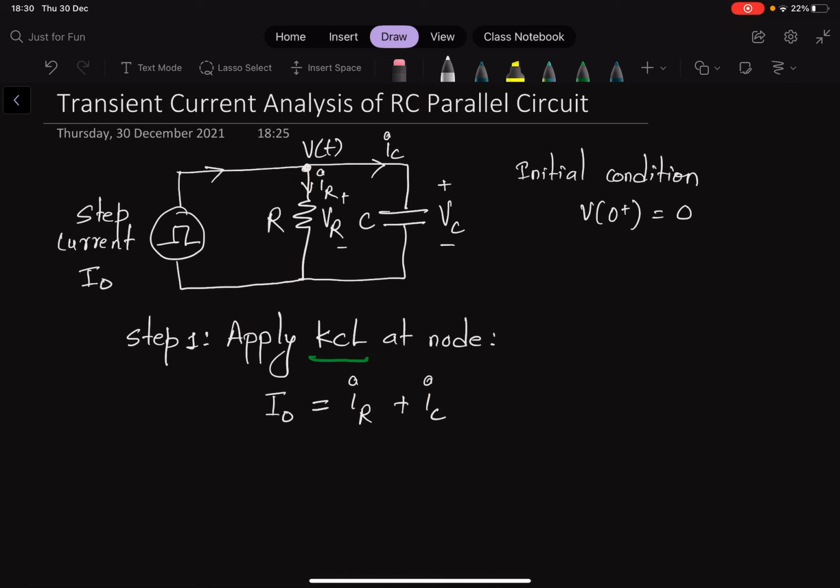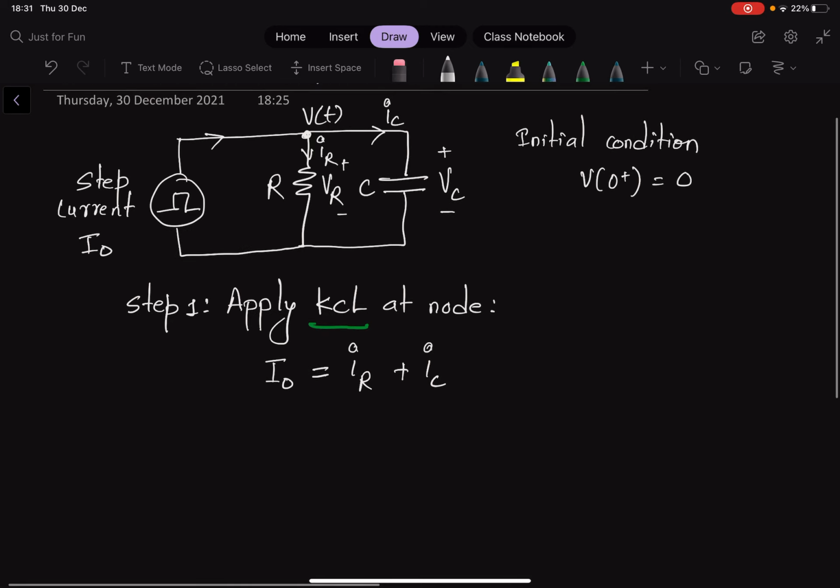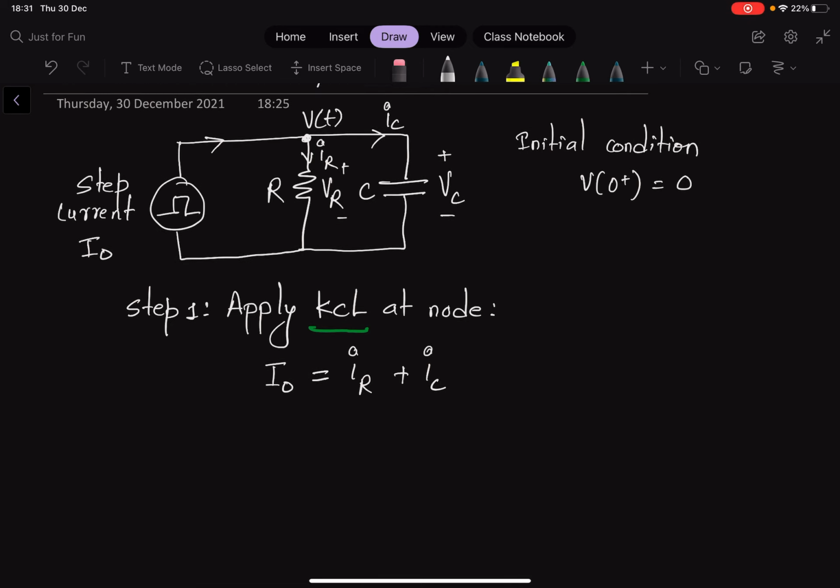Since we are trying to find the current, it's better to represent all the currents in terms of the node voltage. So I naught is I naught, and IR is nothing but V over R. That V is in terms of t, so we can write V(t) or simply V, but let's write V(t). Now plus IC.